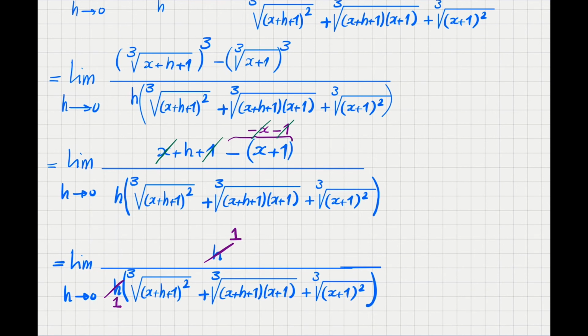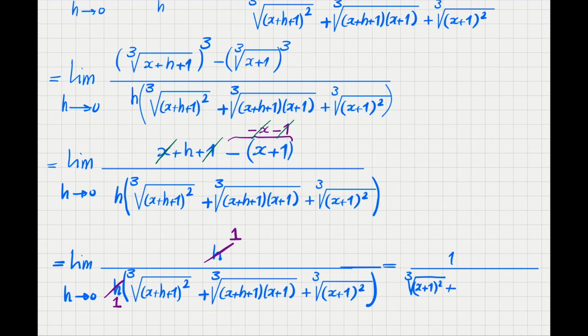And then I have to send h to 0. So you see the numerator is 1, the denominator is this expression, and then I have to send h to 0. But if I send h to 0, this becomes x plus 1 to the 2. So the numerator would be just 1. The first term becomes the third root of x plus 1 to the 2.